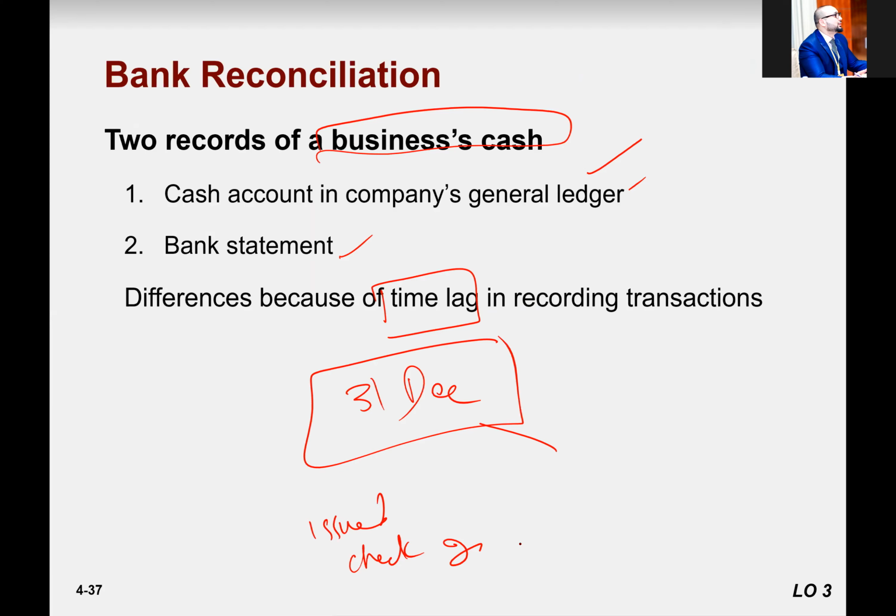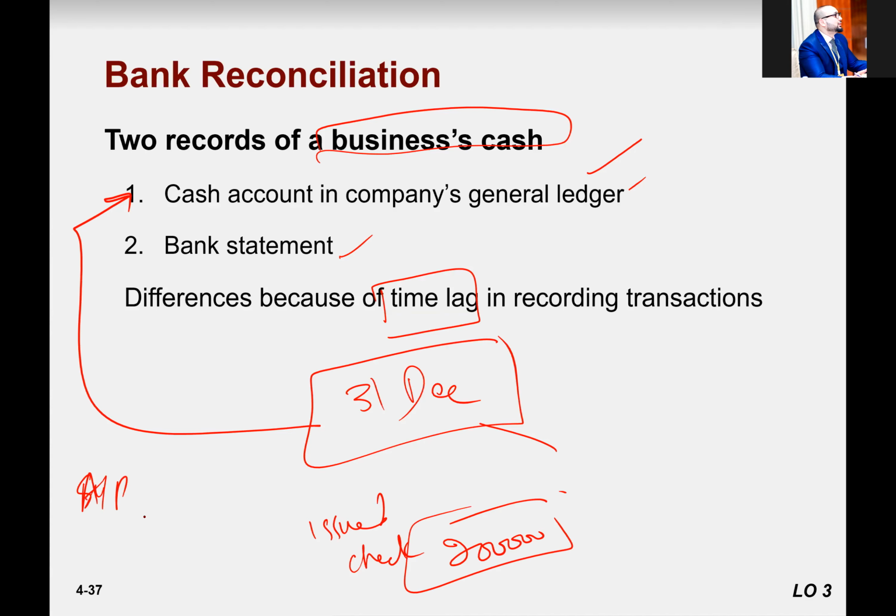a check of 200,000. When you issued a check of 200,000 from your cash account that you are maintaining inside the company, you deduct cash. For example, paid cash to supplier. So here, accounts payable to cash, and you write it down through check. So in your account, your cash is further reduced by 200,000.